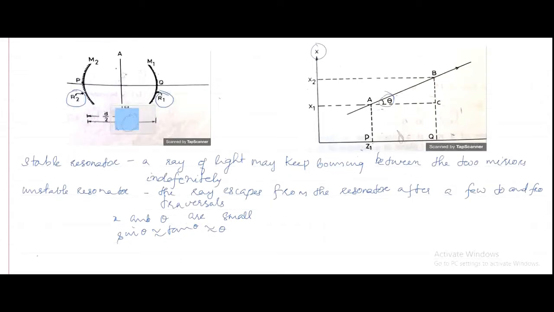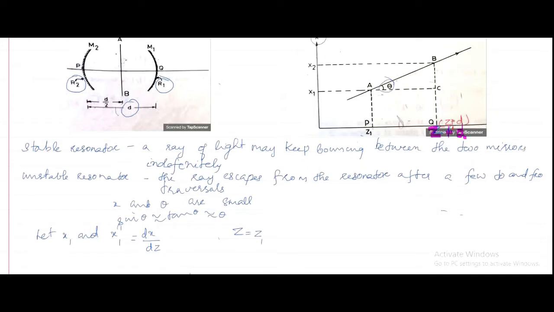And from the figure we can write: let x1 and x1 dash, which is equal to dx by dz, be the position and slope of the ray at a plane z equals z1.